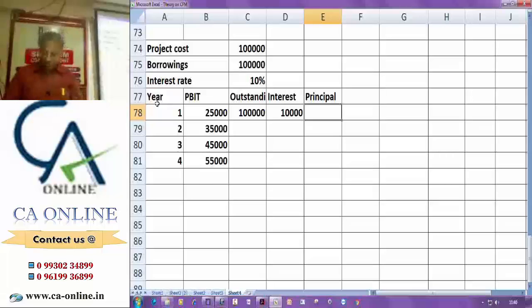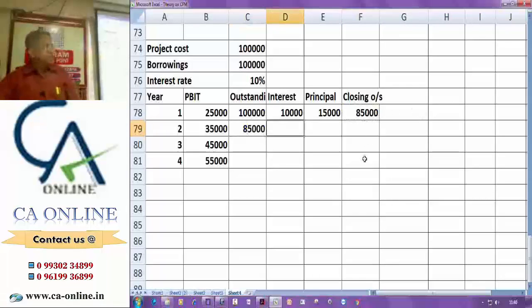The remaining amount I pay it off as principal. Then what will be my closing outstanding? My closing outstanding will be 1 lakh minus 15,000. I am such a person like you, having no instincts of cheating anybody.